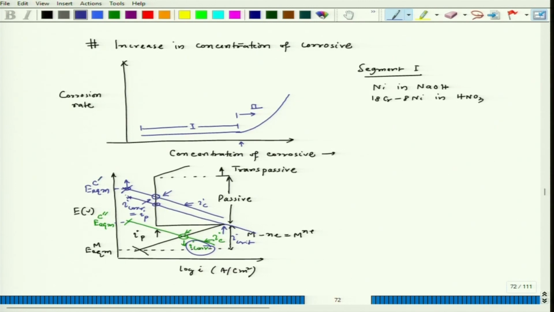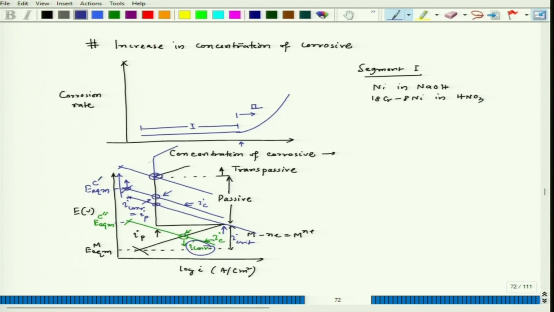Now, from this concentration, as we increase the concentration, just like increasing the oxidant concentration, the equilibrium potential goes up, and up to this point it can actually maintain passivity. But in that particular environment, my passive zone length is very high. Let us say this is my passive zone length instead of breaking here.